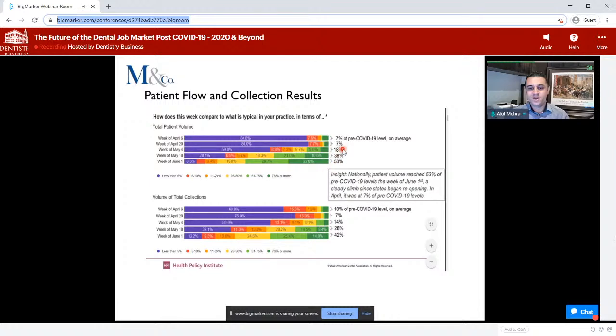They were at 18% of pre-COVID capacity, then 38%, then 53%. So the patient volumes have increased up to about 50%. That's a good sign, and that's the weighted average. Some offices were seeing 76 or more percent recovery of their pre-COVID capacity, and that was about 30% of the survey size.